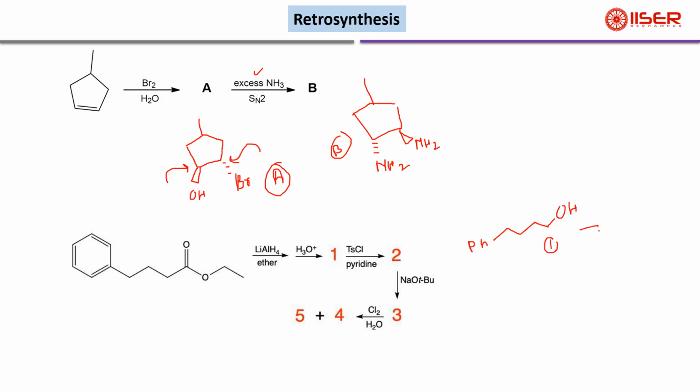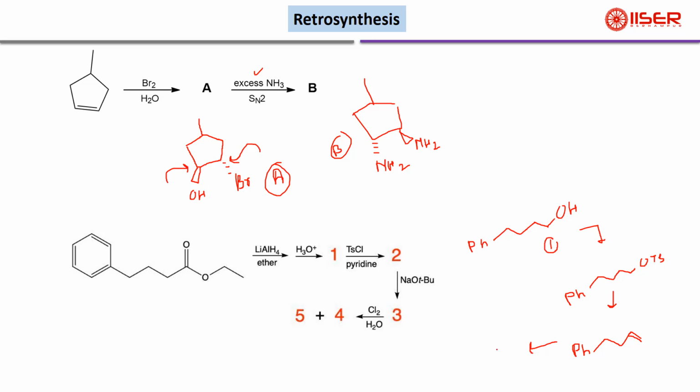In the next step, if you perform tosylation, it will give us OTs. In the next step, if you add base, there will be formation of alkene.